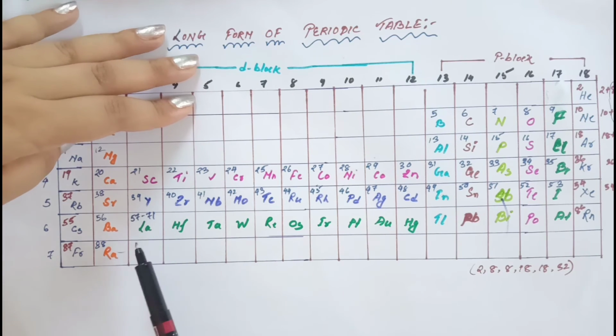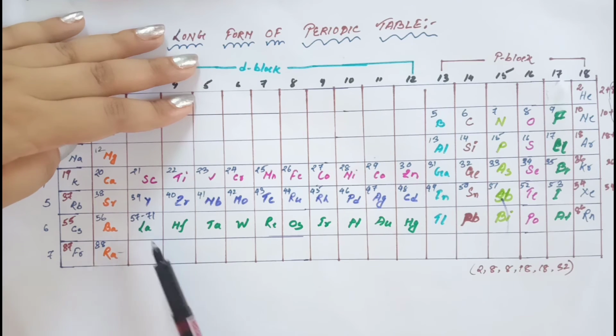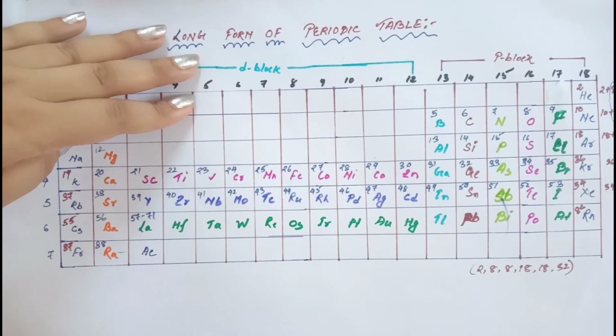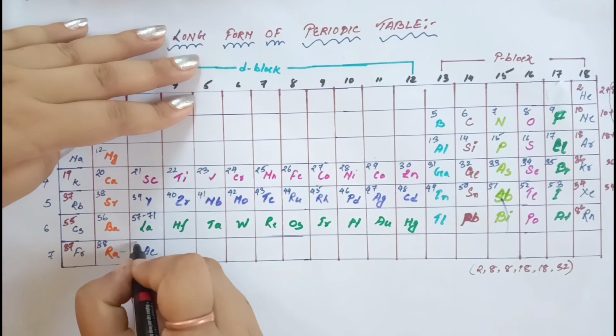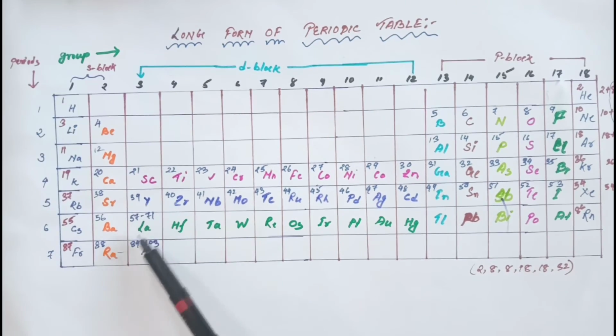Okay, so these are known as F block elements, and we will separate these elements in another period. In case of actinium, it also contains 14 elements. From atomic number 89 to 103, all are known as actinoids. And both these elements are known as F block elements.